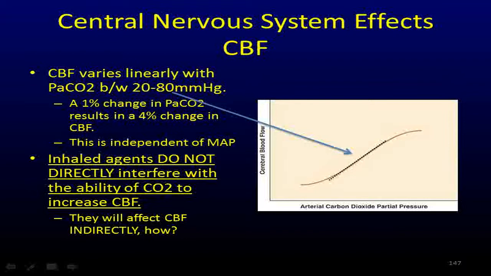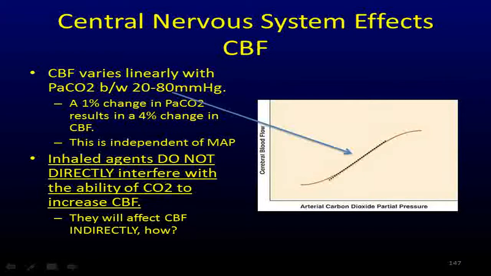What's the point, sir? The point is this. If you've got someone whose PaCO2 you're not controlling, I want you to think head injury here. I want you to think, okay, sir, I'm using the uncoupling of these agents to my advantage. But an increase in cerebral blood flow has its limit.